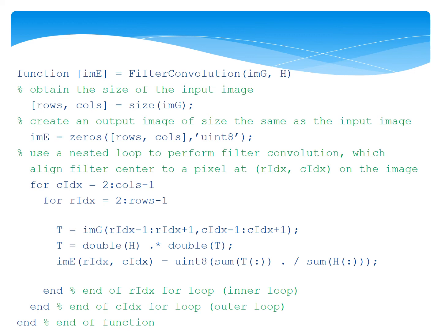The first step is that we need to obtain the size of the input image, IMG, by using the size function. We store the number of rows and the number of columns in rows and columns, respectively. The second step is that we create an empty output image, IME, where its size is identical to the input image, IMG.